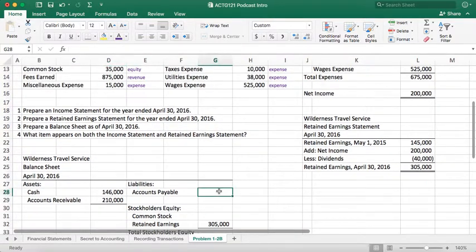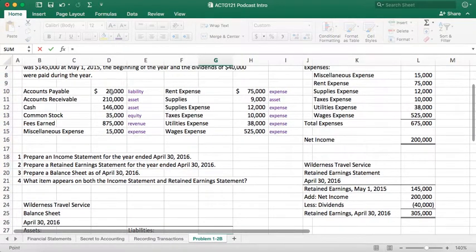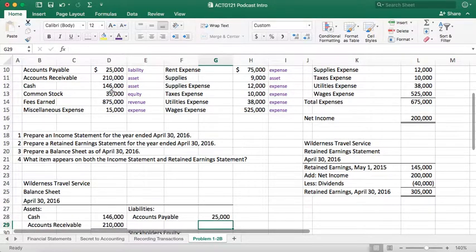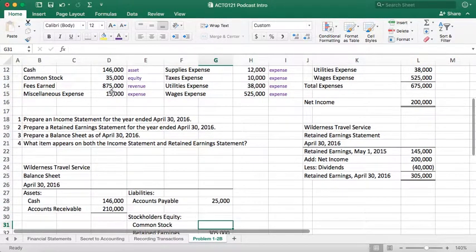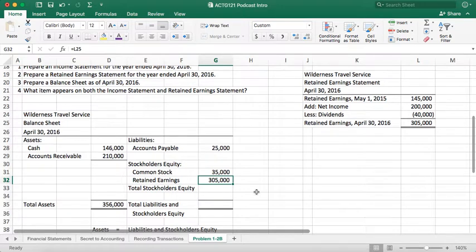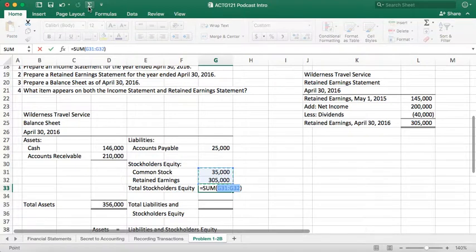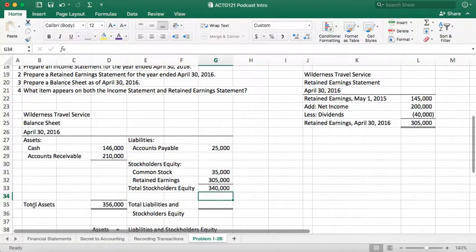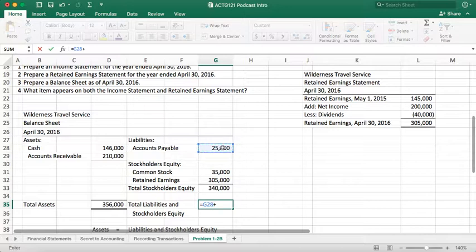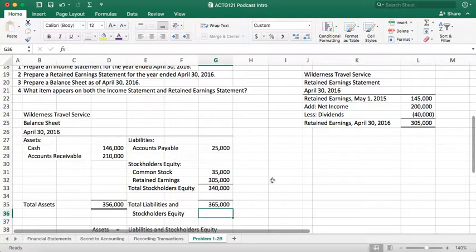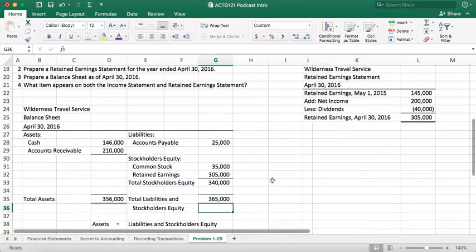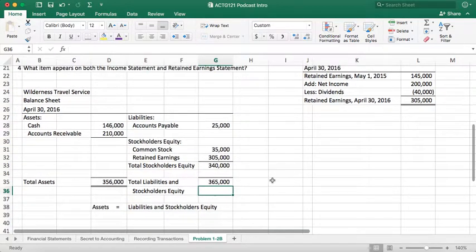Accounts payable is 25,000, and there's only one, so there's no total. Common stock is 35,000. Total stockholders' equity is just the summation of those two. So here we go. Total assets, 356,000. Total liabilities and stockholders' equity, 365,000. So I've done something wrong.